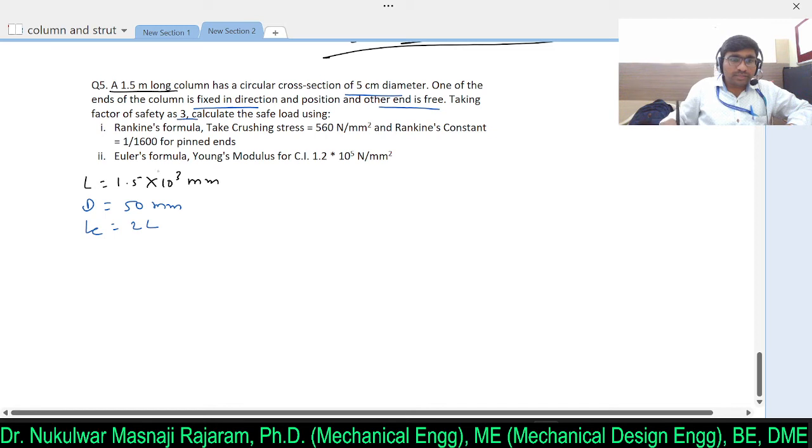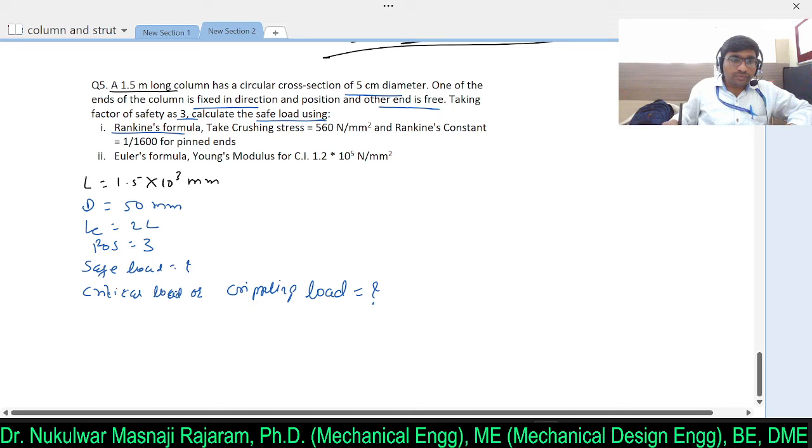Taking the factor of safety as 3, calculate the safe load. Safe load we need to evaluate. So for that purpose we require the crippling or critical load. Clear?